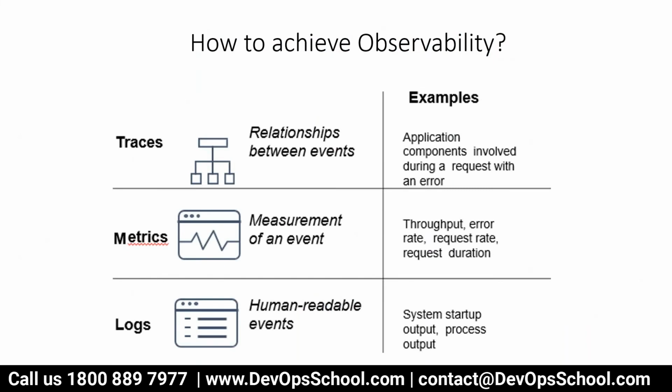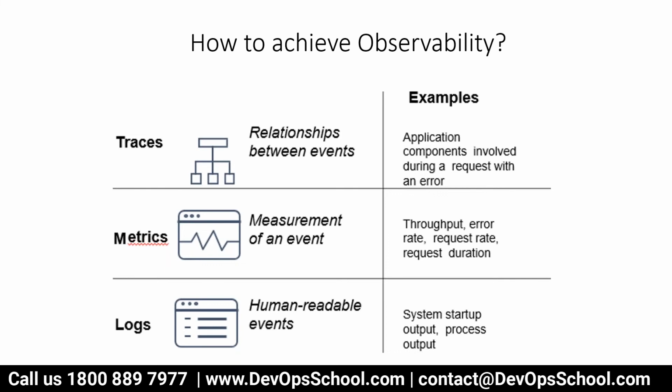Look at this here, how to achieve observability. Traces talk about the relationship between events, metrics are measurements of an event, and logs are human-readable events. An example of traces is the application components involved during a request with an error.